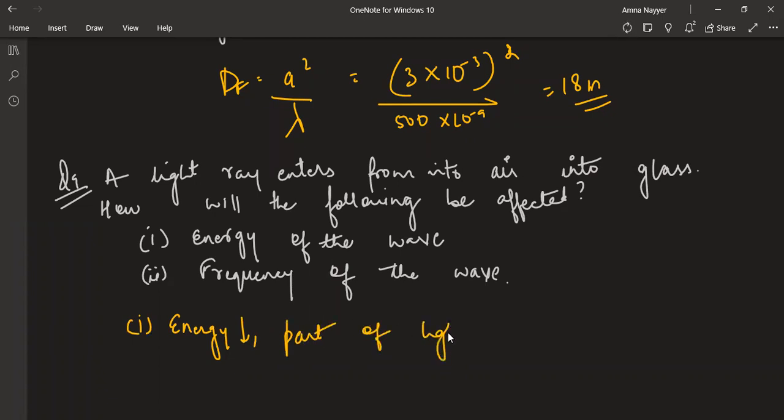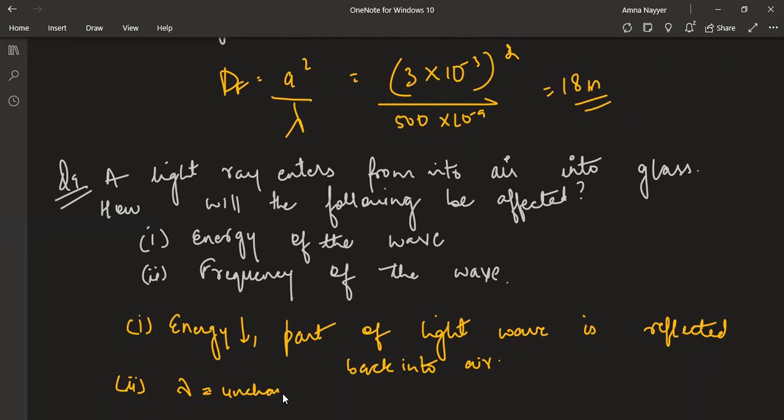Part of the light wave is reflected back into the air. That's why. And for the second part, frequency remains unchanged. This is independent.